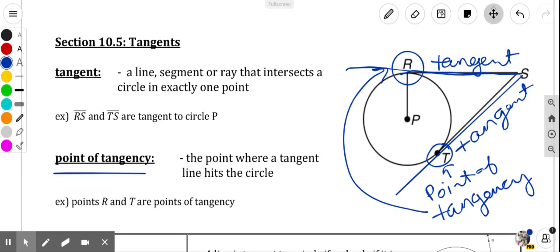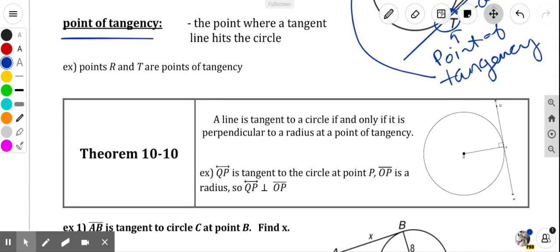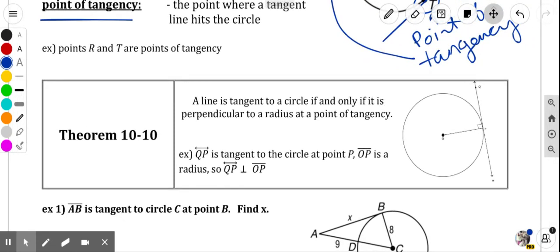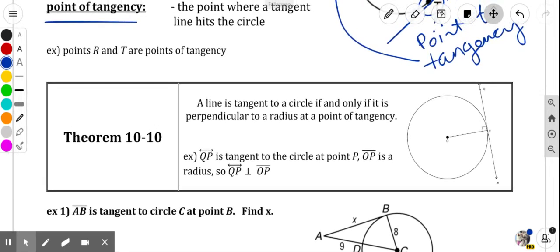Here's our first theorem involving tangents and points of tangency. It says a line is tangent to a circle if and only if it is perpendicular to a radius at a point of tangency. Basically, that means if you have a radius that intersects a tangent line at the point of tangency, like in this picture, here's the radius, here's the tangent line.